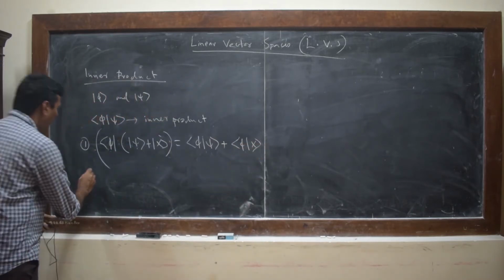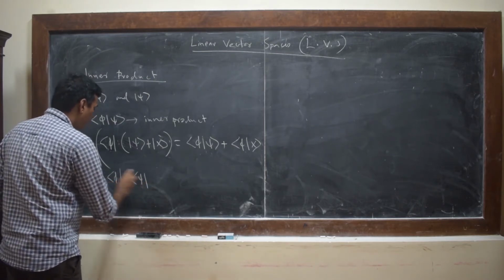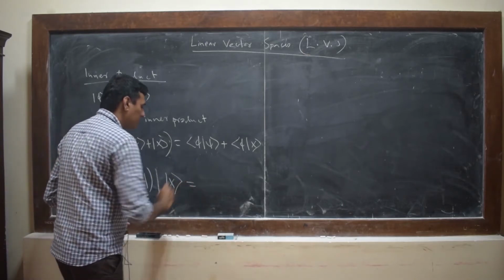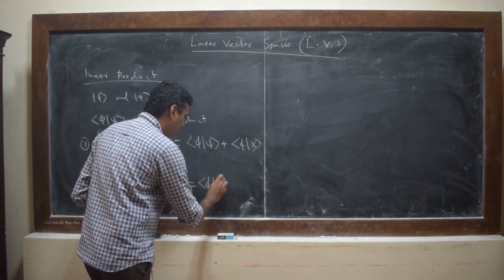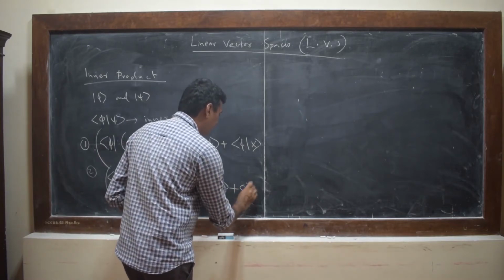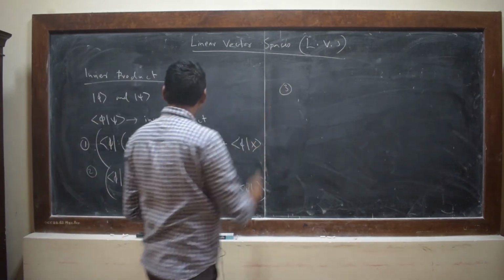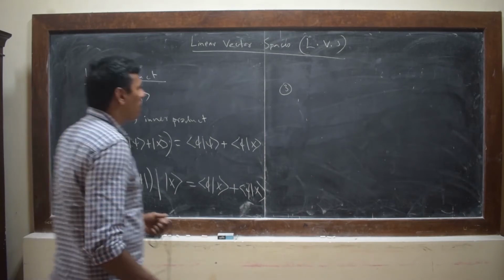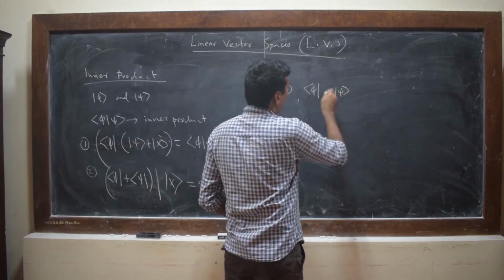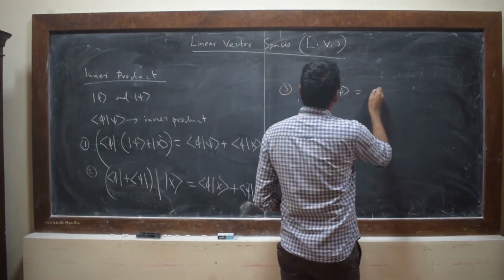Similarly, phi plus psi with chi is equal to phi chi plus psi chi. And then you can have phi with a psi, where a is a scalar, equal to a times phi psi.